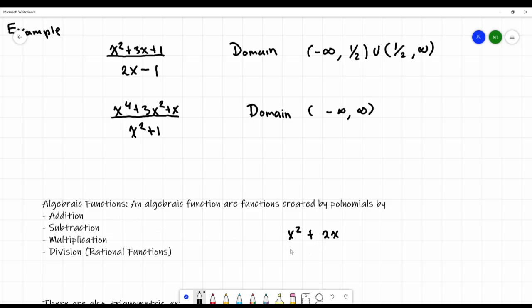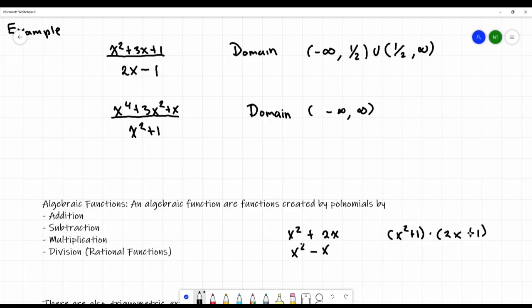It's a polynomial, but it's also an algebraic function because I have a polynomial, x squared plus 2x. Okay, so that's an algebraic function, and a subtraction is the same thing, x squared minus x. A multiplication is x squared plus 1 times 2x plus 1.